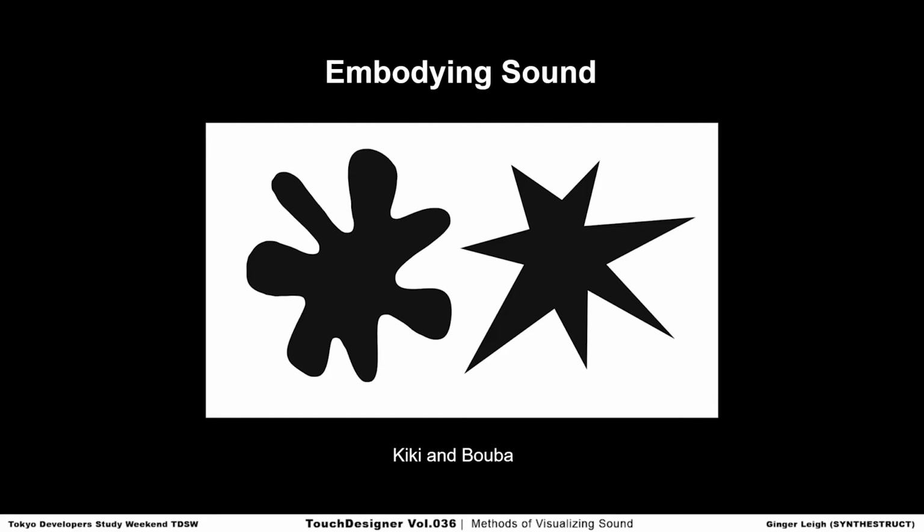So with these shapes, one of them is named Kiki and one of them is named Booba. So if this one's number one and this is number two, which one do you think is named Booba?